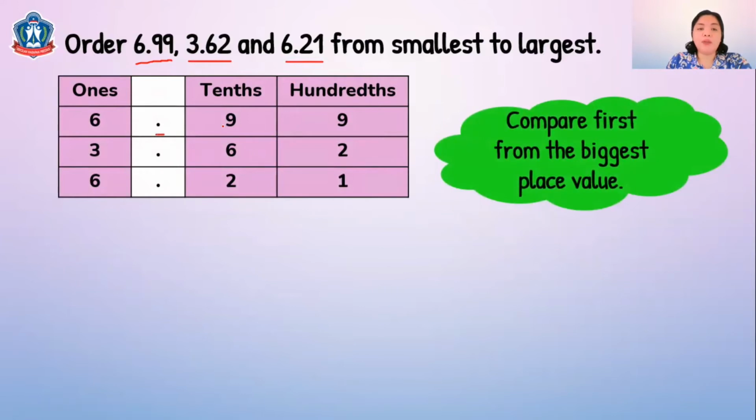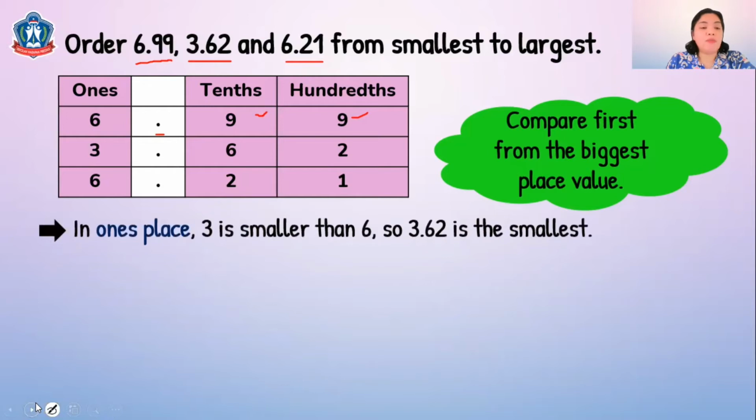Now, let's compare them starting from the biggest place value. What have you observed? We have two numbers with 6, and we have only one with 3. Therefore, in ones place, 3 is smaller than 6, so we can say that 3.62 is the smallest number.